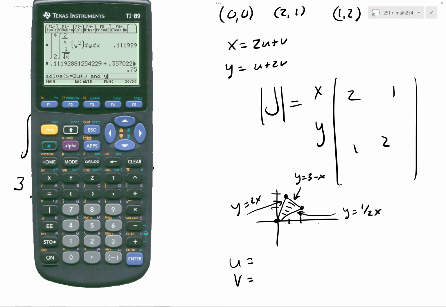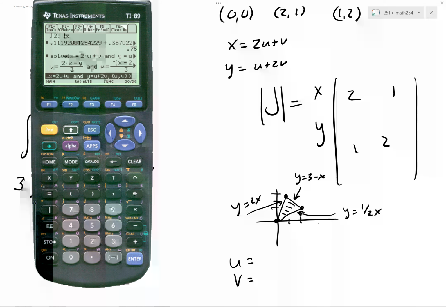y equals u plus 2v. And so there we have it. So u is 2x minus y over 3.